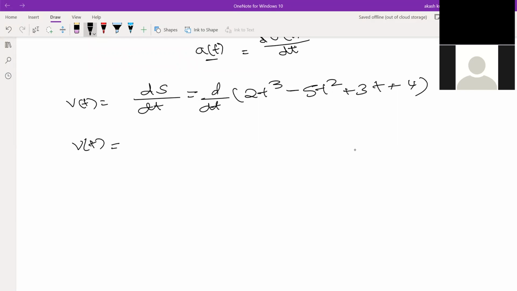It will be 2 times 3t squared, so 6t squared.